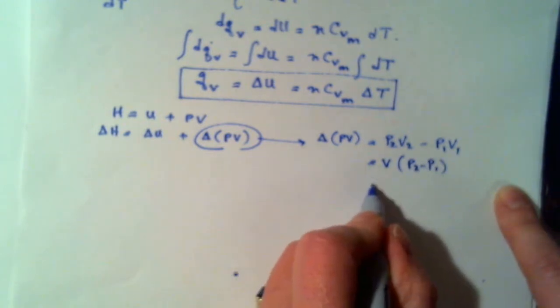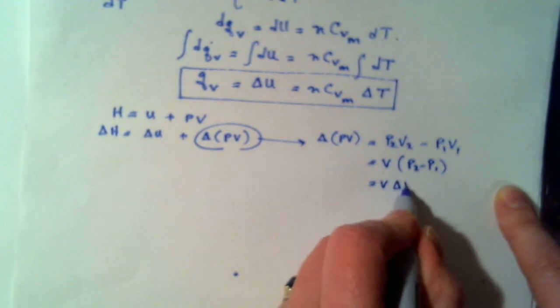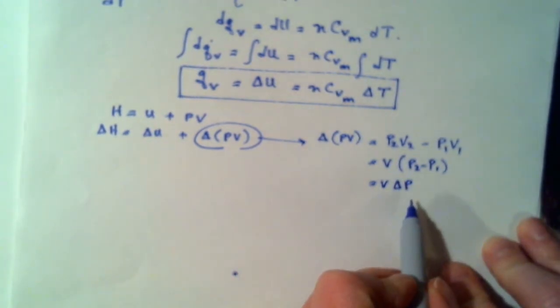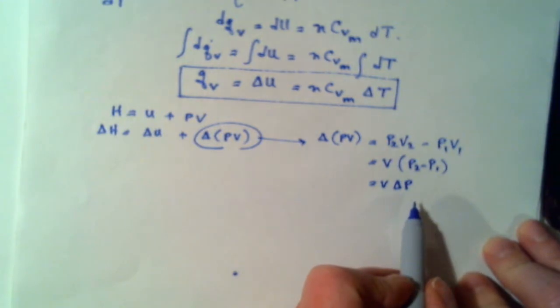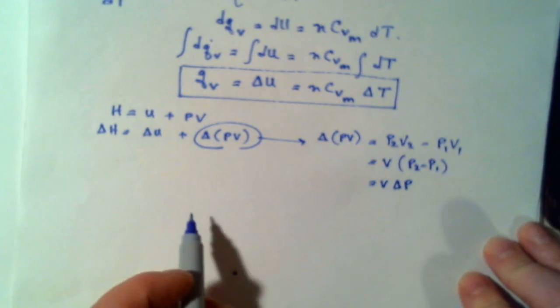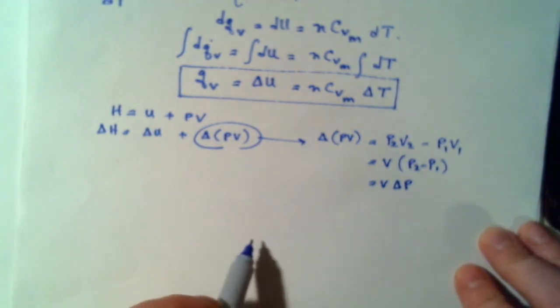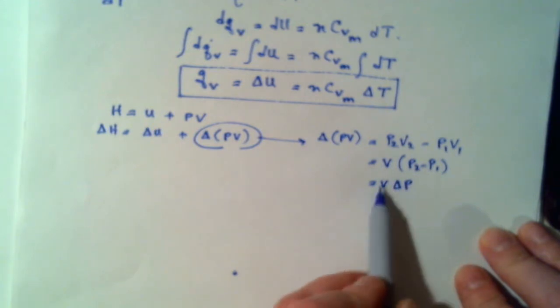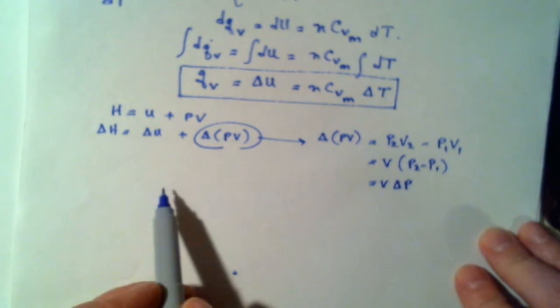That's true. And so it's equal to V delta P. So if I know the pressure in each case, or I know n and T and V, so I can figure out what pressure is for each of the states, then I can fill this in, V delta P.